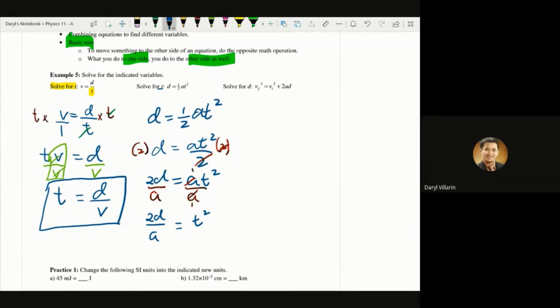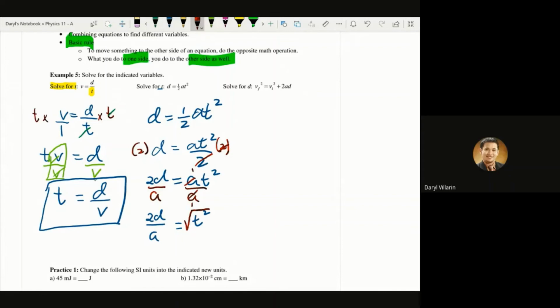But then again, you're solving for just t, not t squared. But I think you've encountered this one in your either Math 8 or Math 9. So to get rid of my square there, I just need to take the square root, because the square root of t squared will give me t.